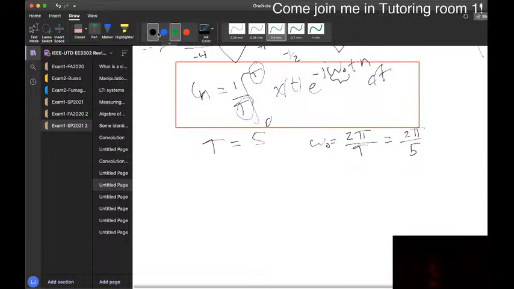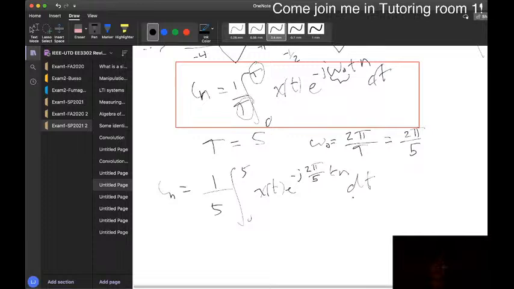So Cn is equal to 1 over 5 times the integral from 0 to 5 of x of t e to the negative j omega naught t times n dt, where omega naught is 2/5 pi.